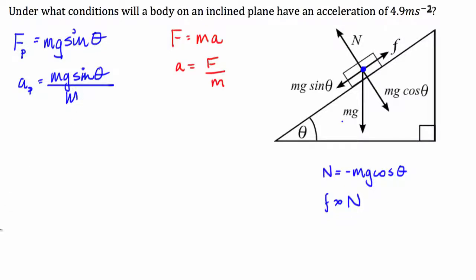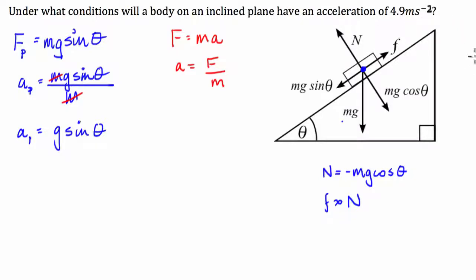If you have any kind of mathematical understanding, you'll realize that the m's will cancel out, and we'll be just left with acceleration down the plane equals g sine theta.